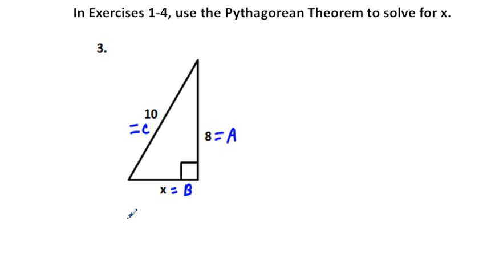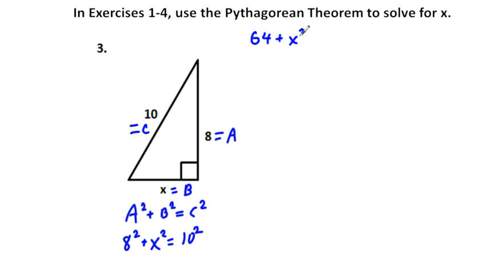So if we have, again, a squared plus b squared equals c squared, that would give us 8 squared plus, we don't know what b is, we'll say that's going to be x squared is equal to 10 squared. And so, rewriting this equation on top, 8 squared is 64, so we'll say 64 plus x squared is equal to 100.